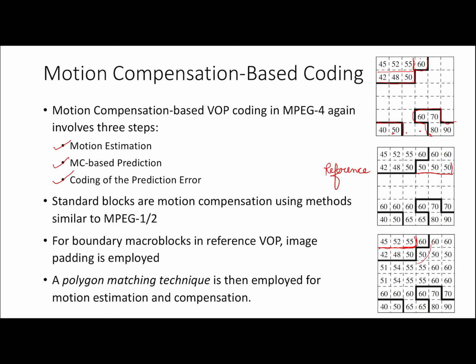So once we have this proper shape, this polygon matching technique is employed for motion estimation and compensation. And this polygon refers to the part of the contour macro block which belongs to the active area in the VOP frame to be coded and excludes the pixels outside this area.